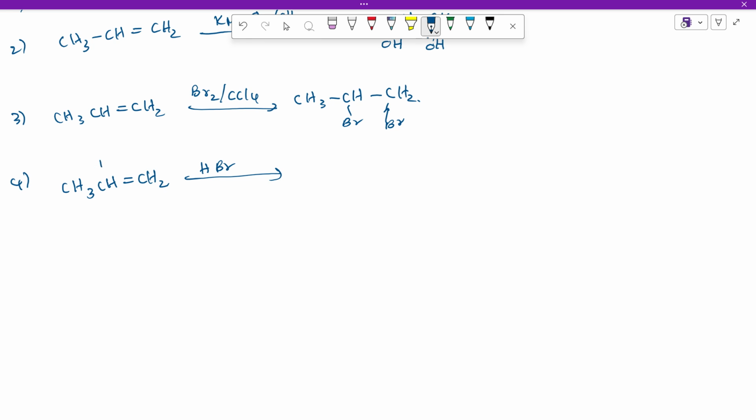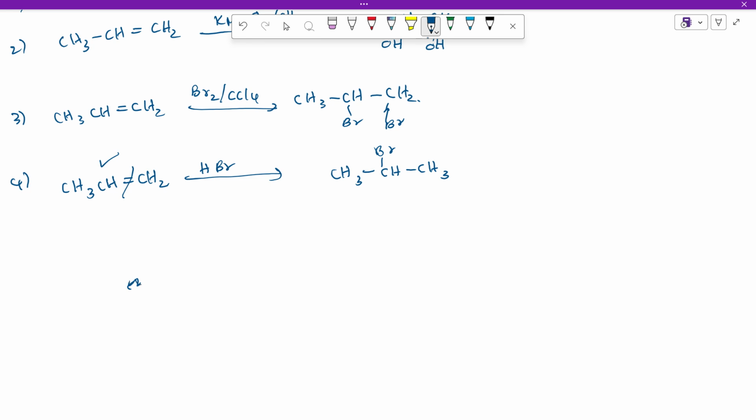Keep that in mind, Br at the middle. So CH3 again and CHBr, the double bond is removed and you have CH3, because the extra hydrogen here is fixed to here and this double bond is removed, okay, like that.